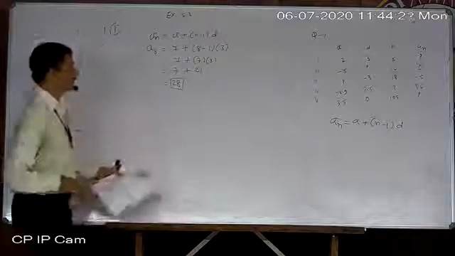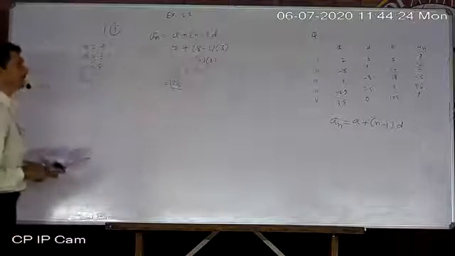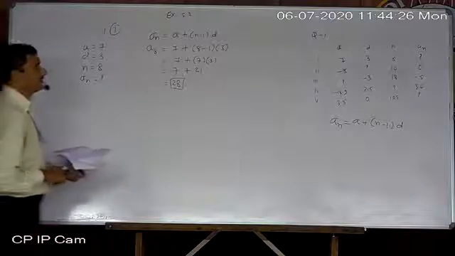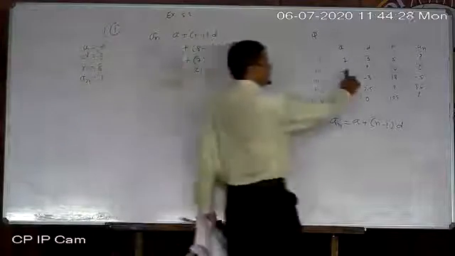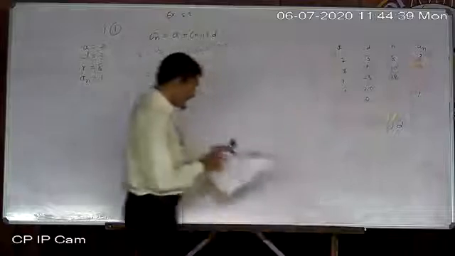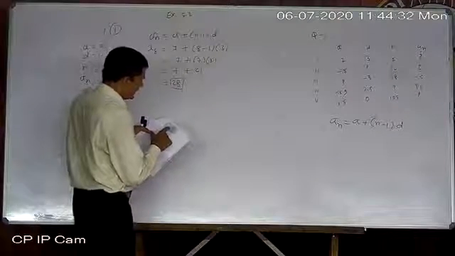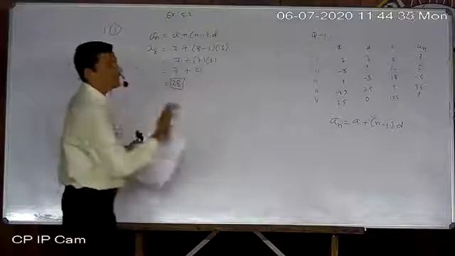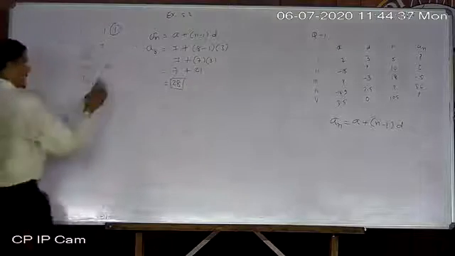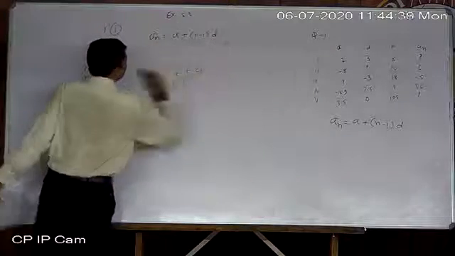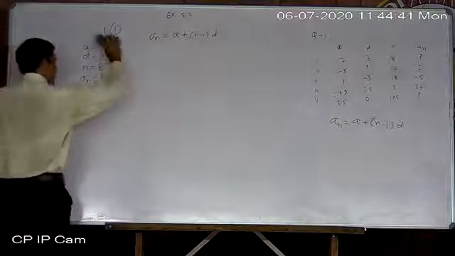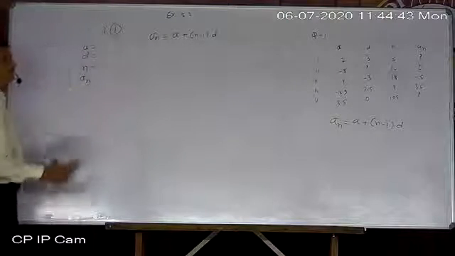Now look at the second one. d is not given; everything else is given. a is minus 18, n is 10, d is not given, and an is 0. So prepare the list and place all values into the formula.